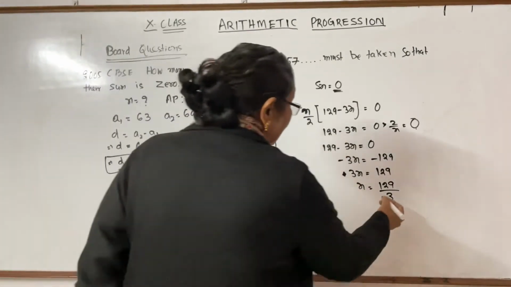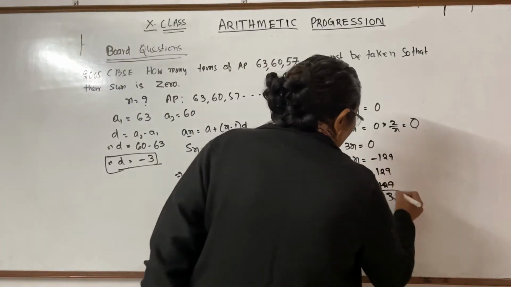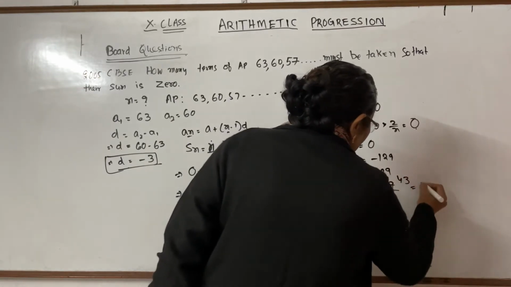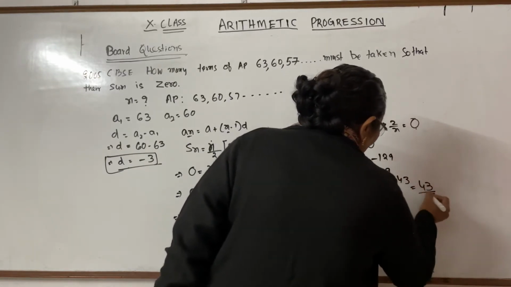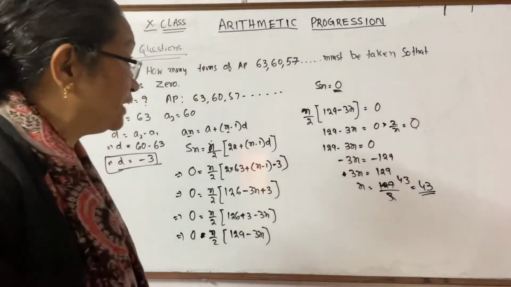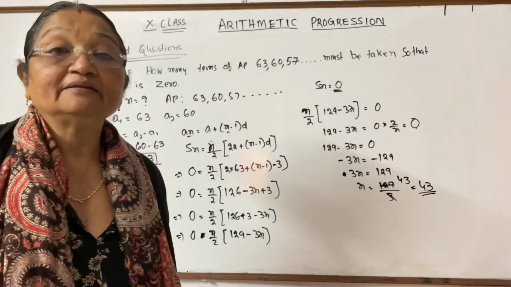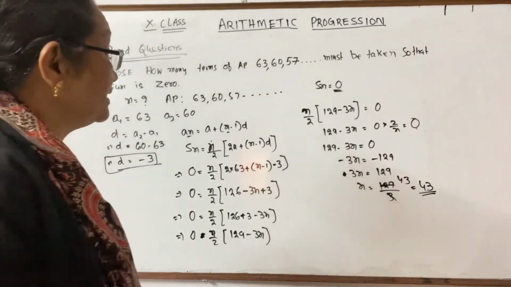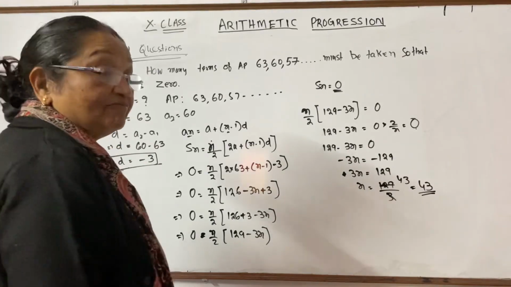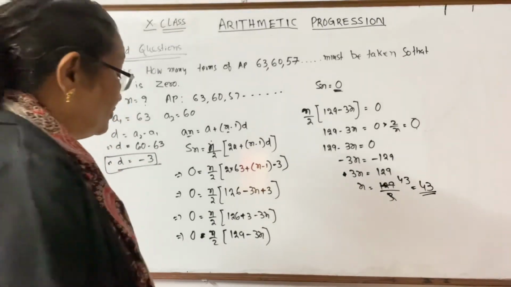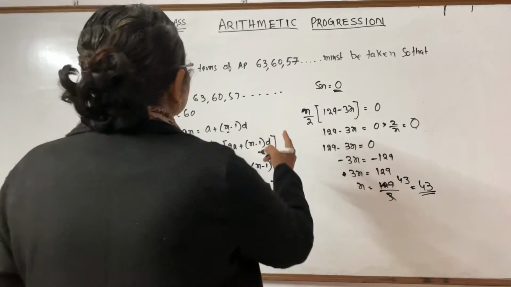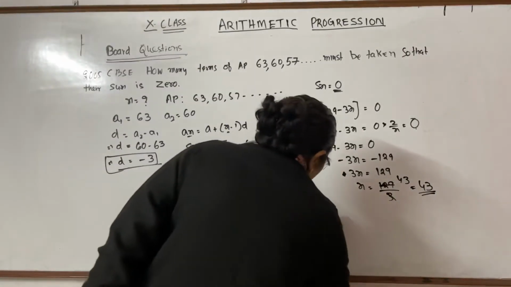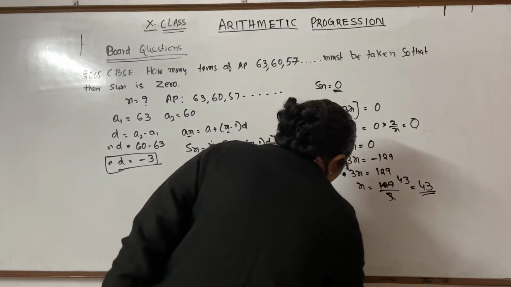So 3 43s are 129. How many terms? 43 terms are there.